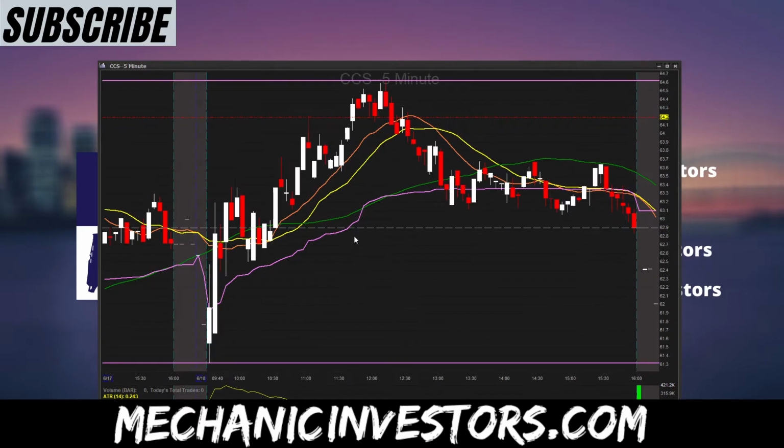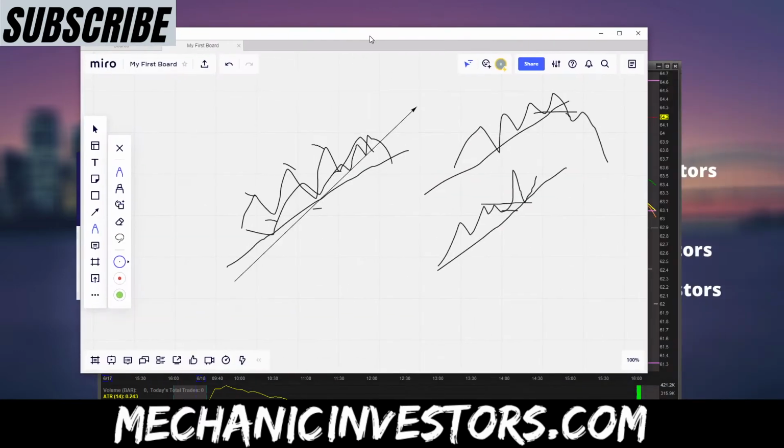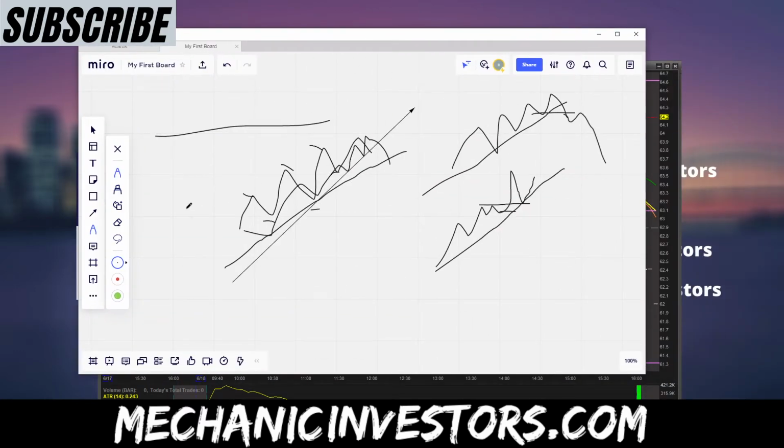If the stock is under the VWAP, that means it's bearish, and if it's over the VWAP, it's bullish, right? So a lot of people use this as bullish and this as bearish if this is the VWAP. So I think that alone is not enough. You have to use the price action to determine if the price is actually bullish or bearish, right?